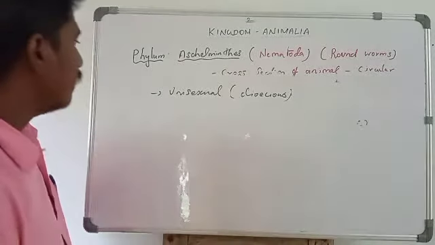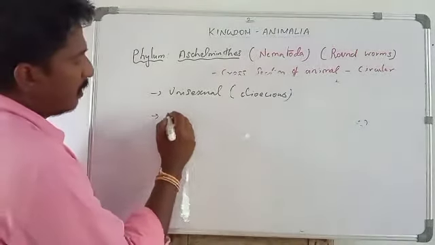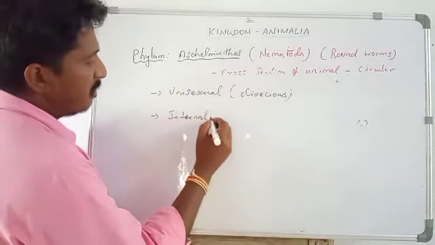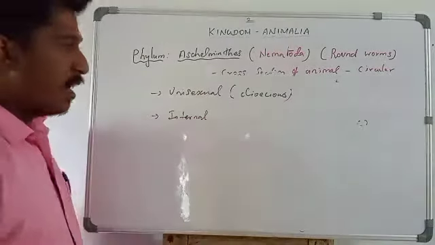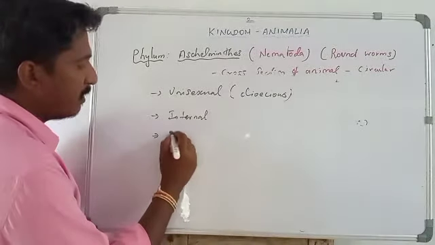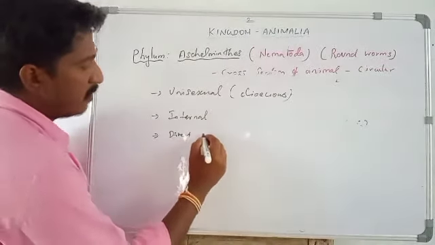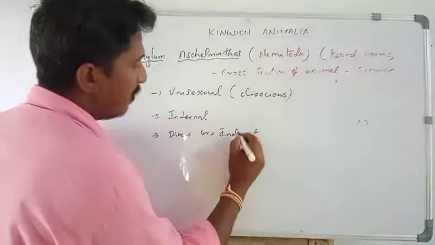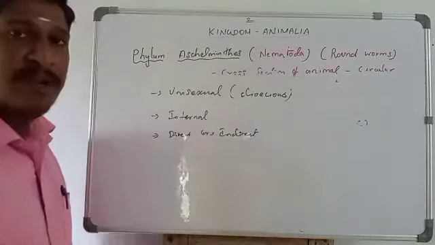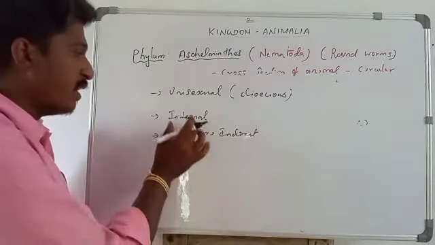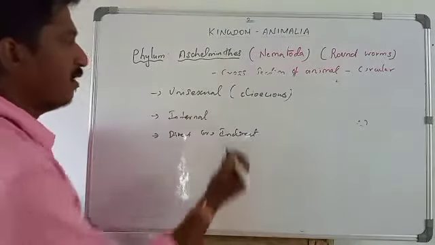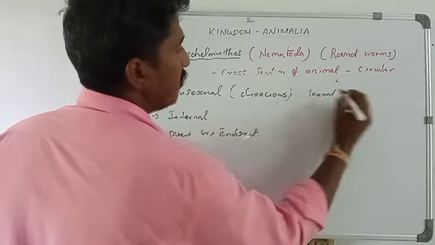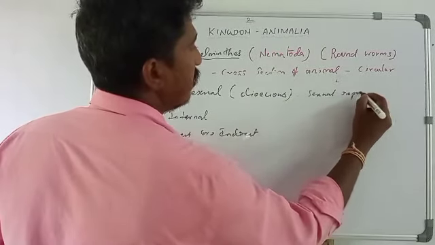Fertilization is internal, and development is direct or indirect. Some animals have direct development, some have indirect development.